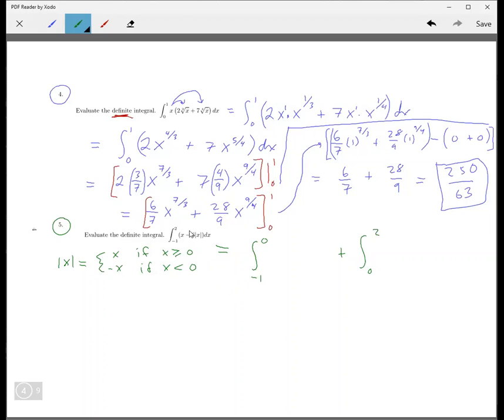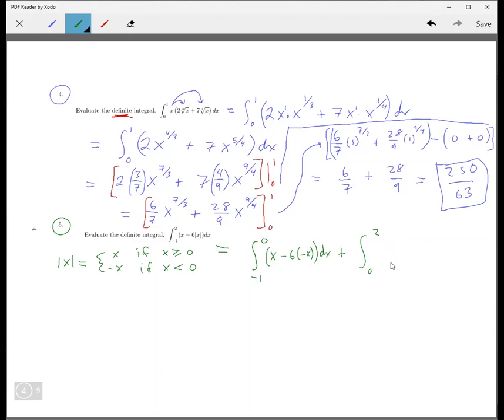Now right here, in this case, x is negative. That means that you're going to put a negative x in there. So that will be x minus 6 times negative x dx. Because between -1 and 0, x is negative. So the absolute value is negative x.